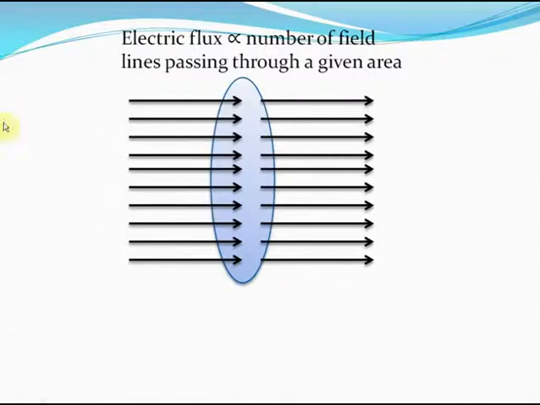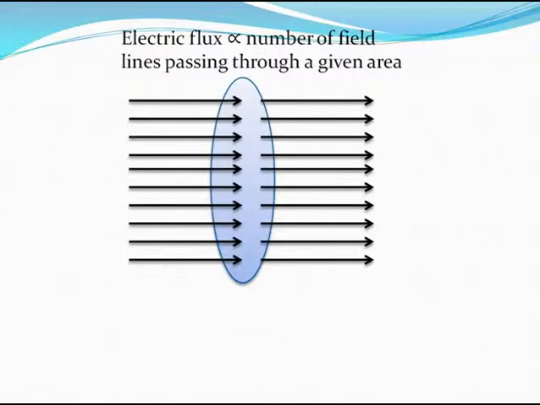You see, when you look at the field lines, don't you get a feel that they represent the flowing of the electric field? So the number of electric field lines passing through a given area, the electric flux is proportional to that quantity, because the electric field lines roughly represent the flowing property of the electric field, isn't it? How much electric field is passing through a certain area, that can be calculated using electric field lines.